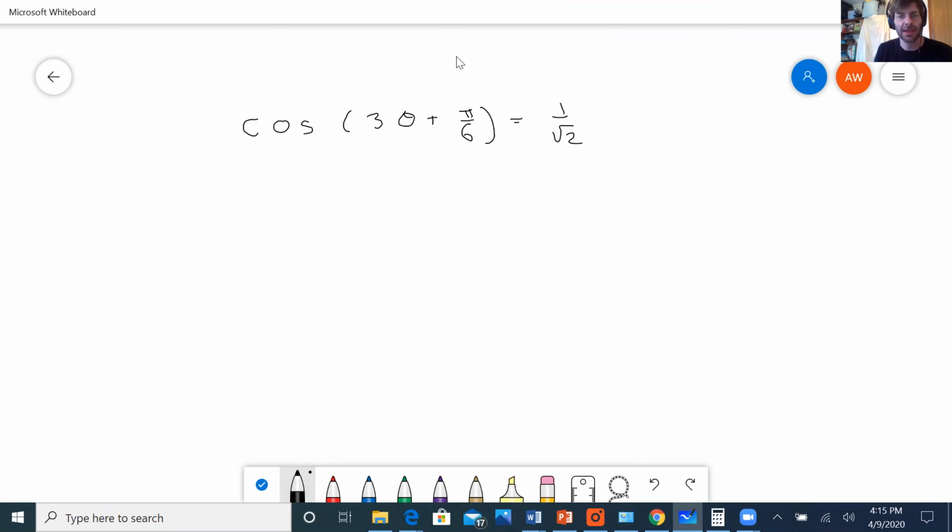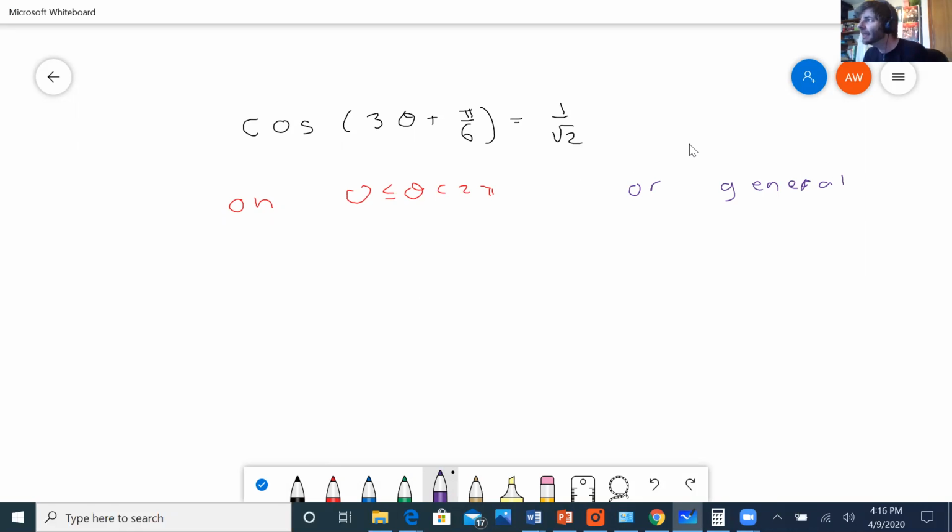I don't know if you wanted to solve this on 0 to 2 pi, or if you wanted the general solution. It's mostly the same thing, so I'll go ahead and do both.